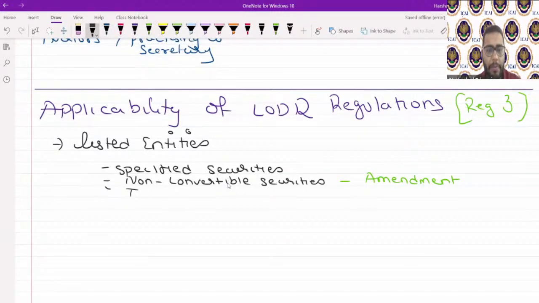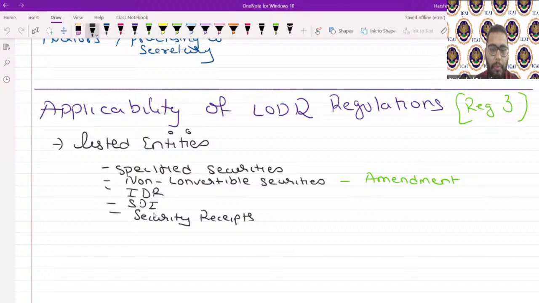Indian depository receipts, securitized debt instruments, then security receipts, then units of mutual funds, and any other security specified.